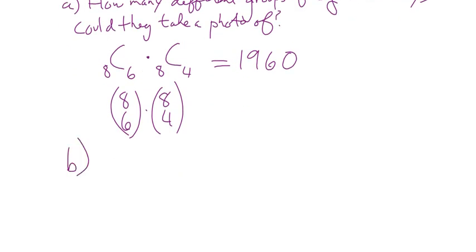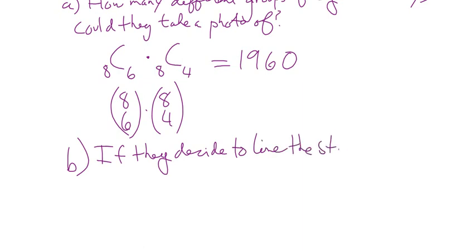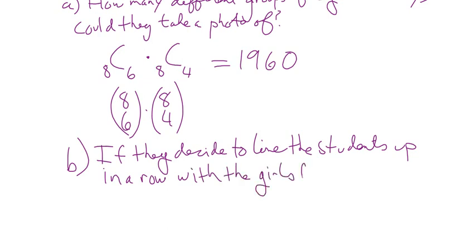Part B, let's do another part. So if they decide to line the students up in a row with the girls first and then the boys, we're going to put them in a row, then how many arrangements would we get?